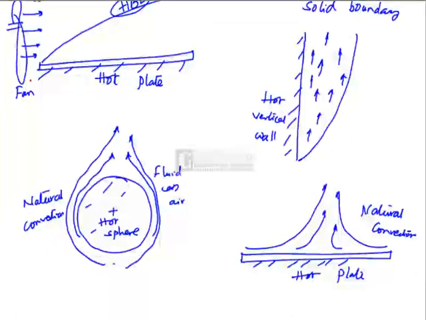So except the first figure where a fan is providing high velocity air over the hot plate, the remaining three figures are showing the examples for natural convection or free convection, where the fluid motion is upwards, because once the fluid picks up the heat from the hot solid boundary, its temperature increases, hence density decreases, because P by rho is RT for air.